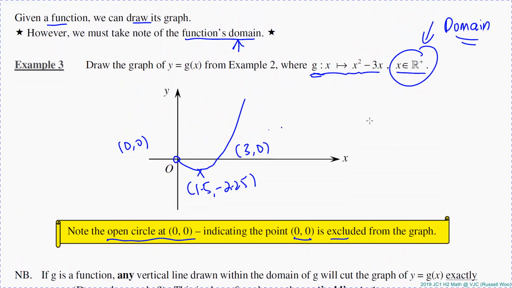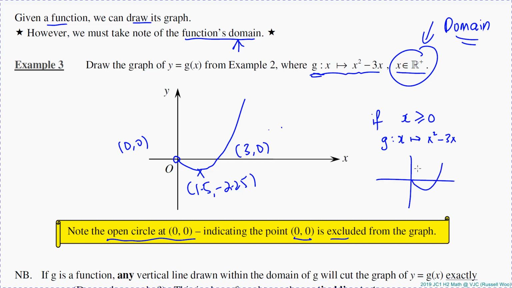But if I say that x must be greater than or equals to 0, there is another function, the same function g. How do we sketch this graph? Do we need to have a solid circle? Actually, no need.